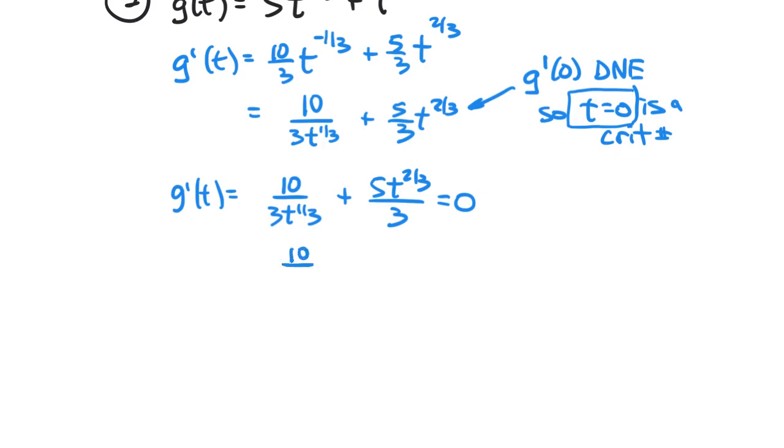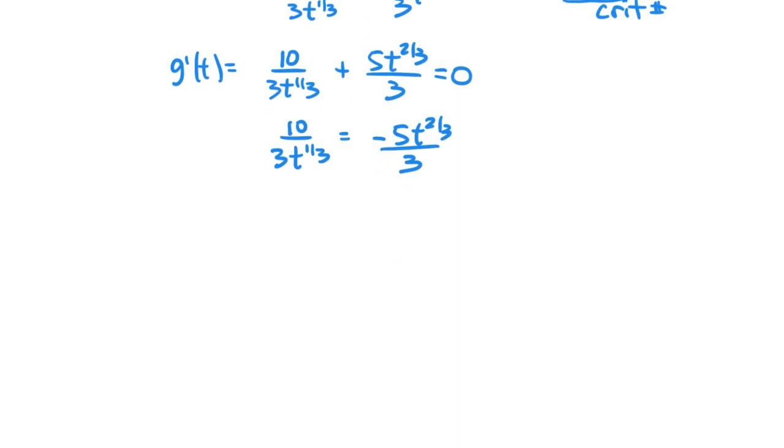So what this means is that 10 over 3t to the 1/3 equals negative 5t to the 2/3 over 3. And then we can take the cross products because we've got a fraction equal to a fraction, a proportion. If I multiply this times this, and set that equal to this times this, when I multiply here, we're going to get negative 15t to the 1/3 plus 2/3, right?